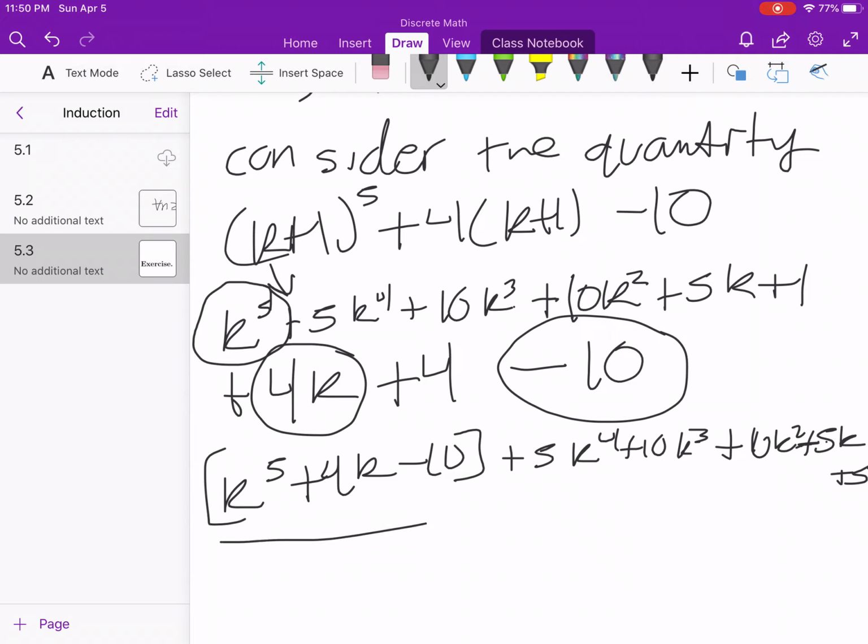Well, I know by the inductive hypothesis that this is divisible by 5. I know that this is just 5 times something, I could say m.